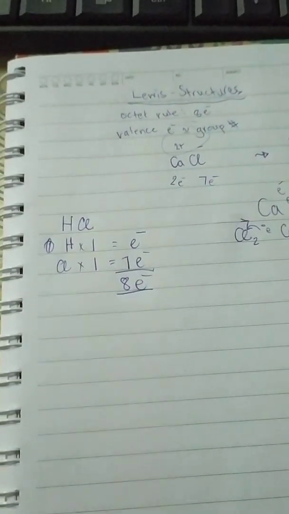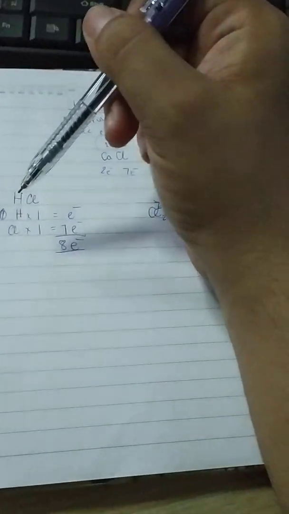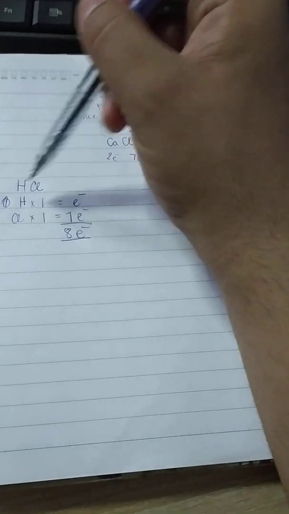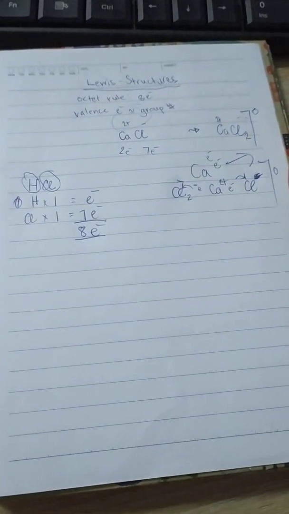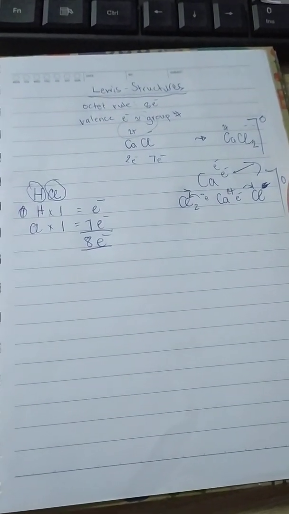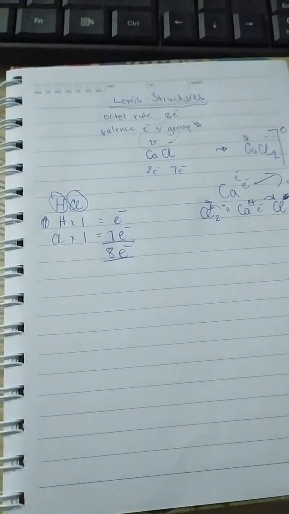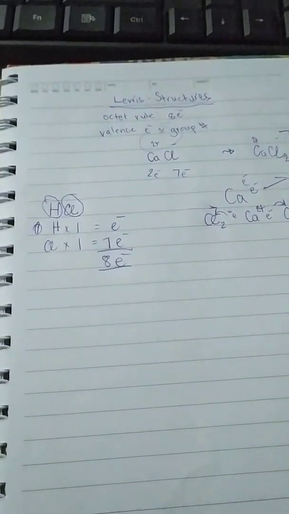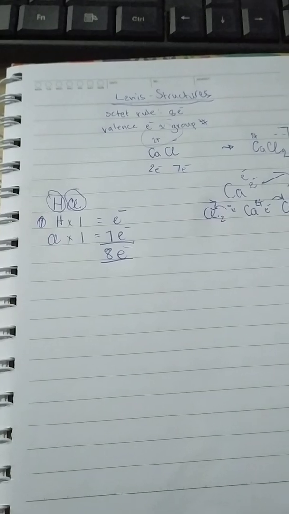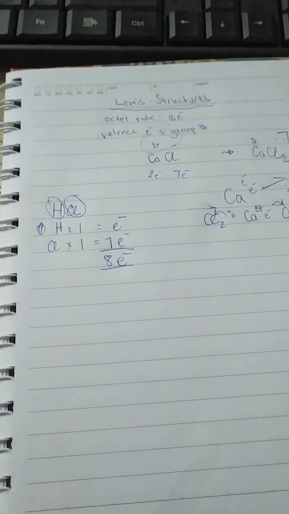Now, the next thing, I'm going to start drawing my Lewis structure. Now, for the Lewis structure, we have two different choices. We can put the hydrogen in the middle, or we can put the chlorine in the middle. When we look at this one, we're going to say which one of them is the least electronegative. Which one of them is the least electronegative, right?